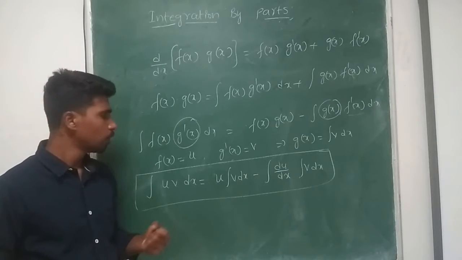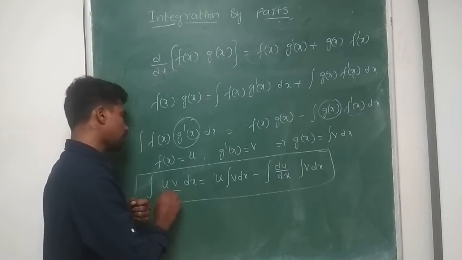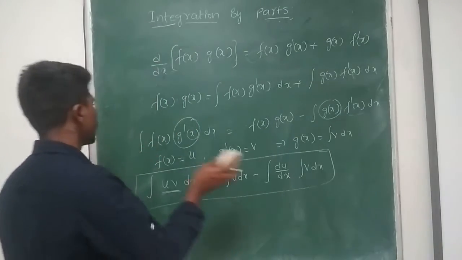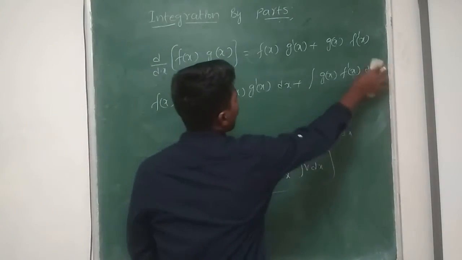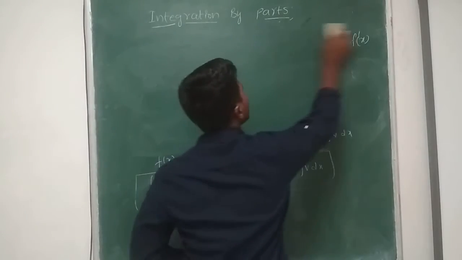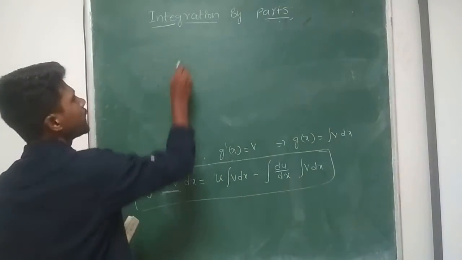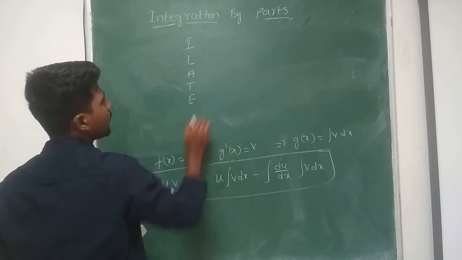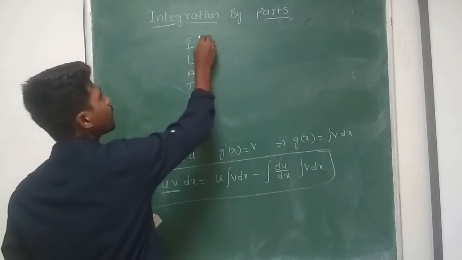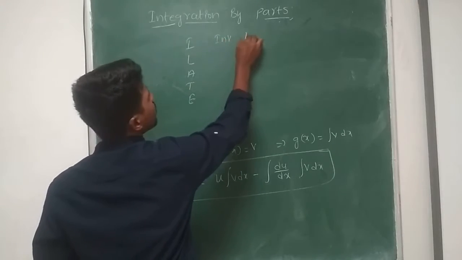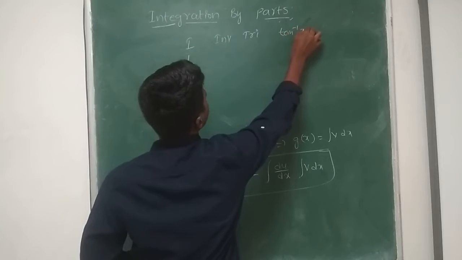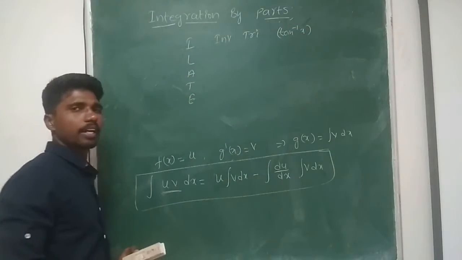Okay, so to choose u and v functions, they have given one rule, which is the priority order. The order is I, L, A, T, E. So the first priority is given to inverse trigonometric functions like tan inverse x, cos inverse x, sin inverse x.